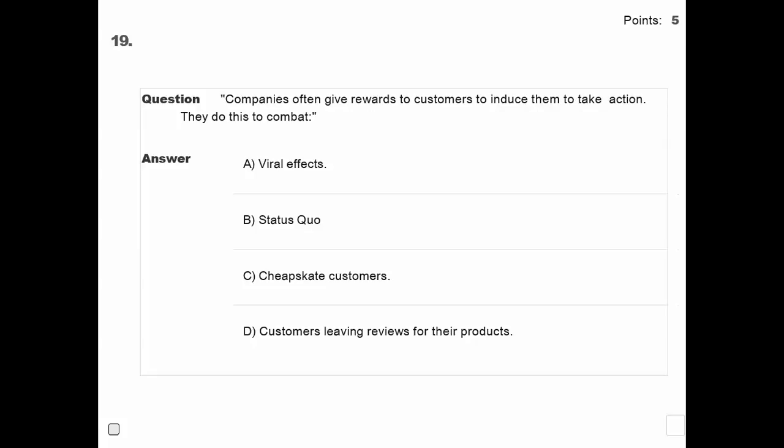You want viral effects, unless it's bad news. Status quo, as we know, that's an answer. Cheapskate customers, possibly. And customers leaving reviews for their products, possibly. But what it's saying is to induce them to take action. Customers leaving a review for their products, people who aren't doing it, are basically a subset of status quo. And cheapskate customers are also a specific case of status quo. So the answer is B, status quo.